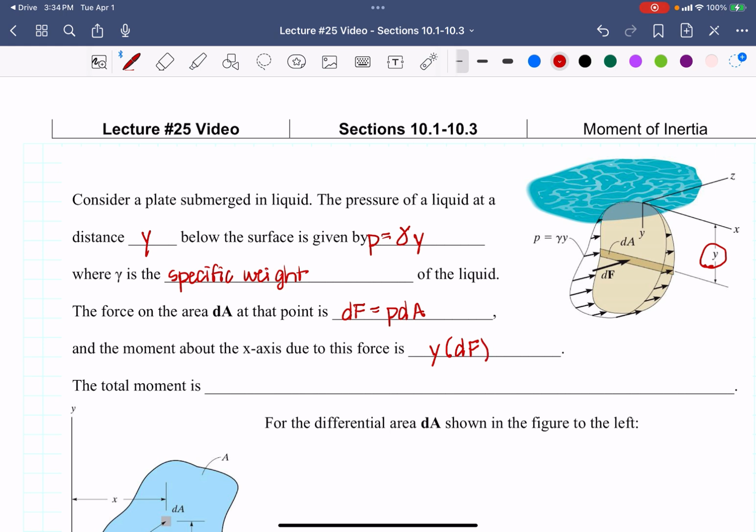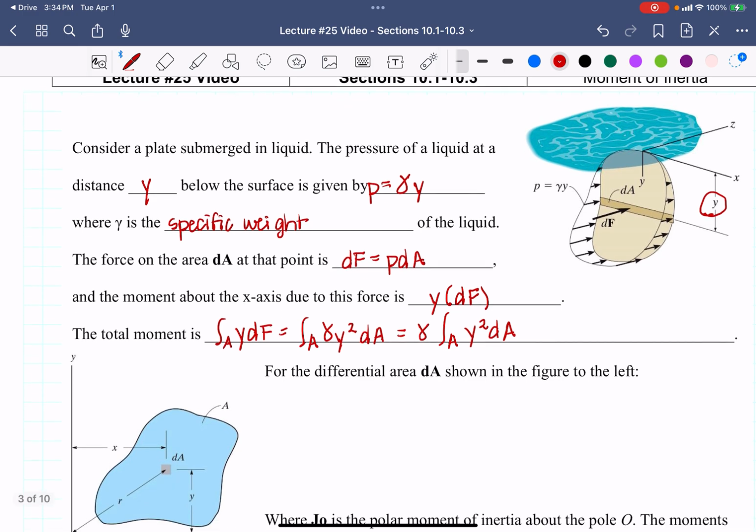And the total moment, if you integrate over the area, of y dF, also equals the integral over the area of gamma y squared dA, which equals, gamma can be taken out of the equation because it's a constant, gamma times the integral of y squared dA. That's what we're looking for.